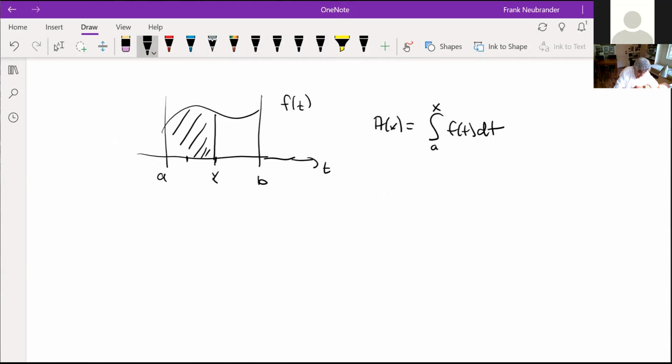If you fix a t here, then f of t dt is the area of this black rectangle. You sum up all these areas between a and x, and that gives the area under the curve.